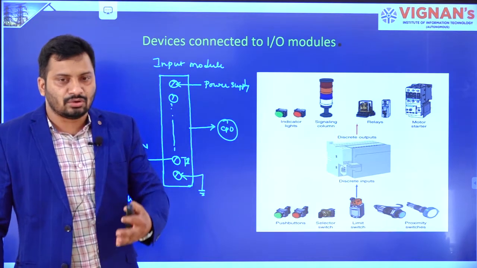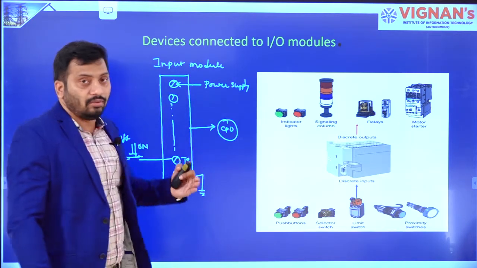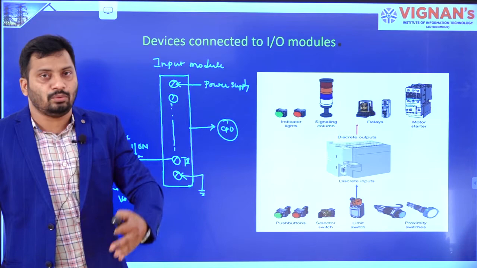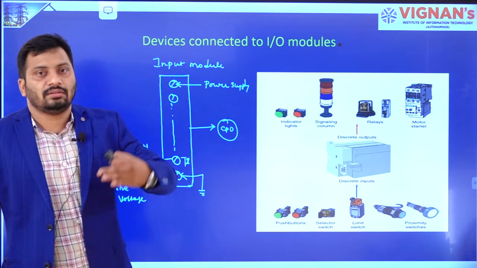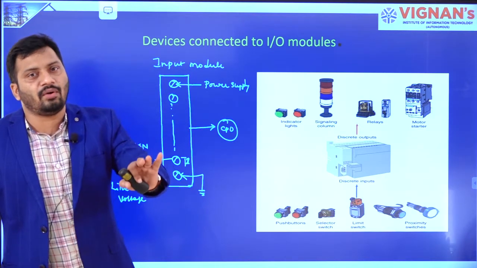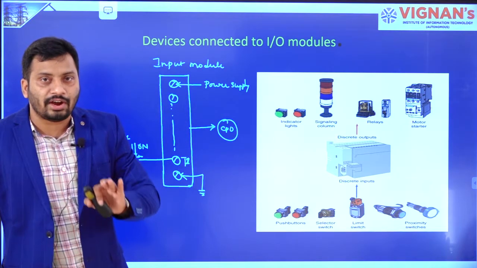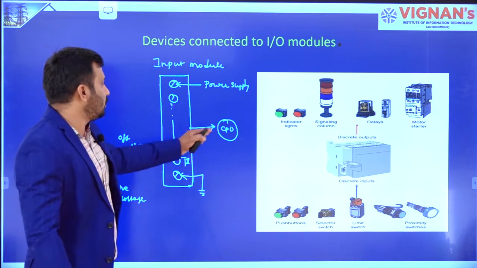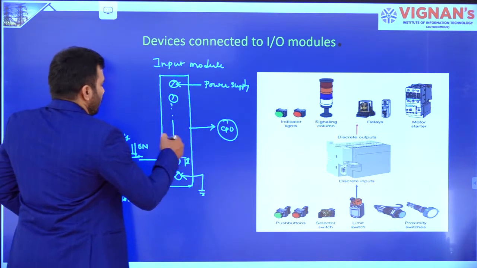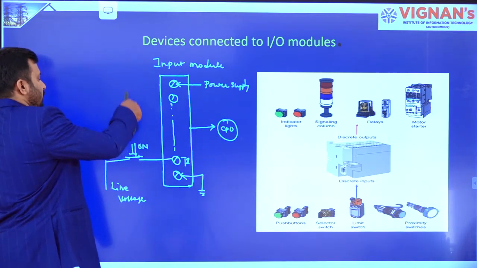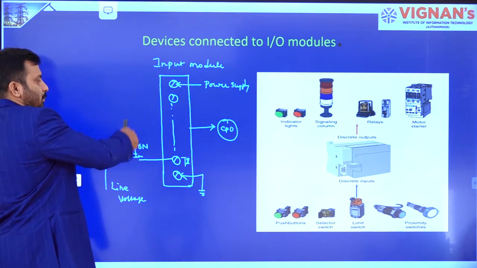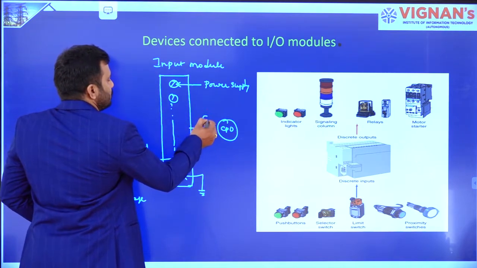For example, if the input is 230 volts from the power supply, what will happen? That is going to be stepped down, then rectified, then the same process. Finally what are you going to get? 5 volts DC power as input to the CPU. So finally, in the normally open condition, without any pressure on the push button, the output is going to become 0, right?